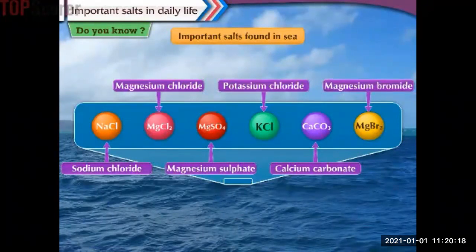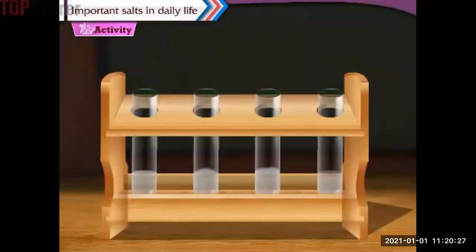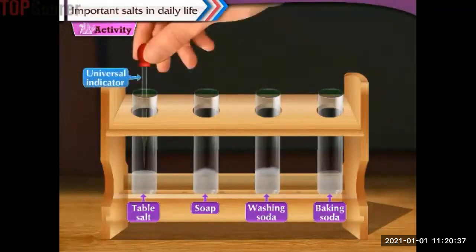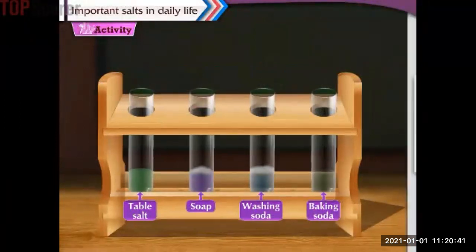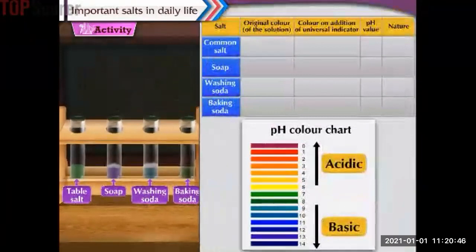Come, now let us perform an activity to study more about salts. Activity. Let us first prepare saturated solutions of some salts such as table salt, soap, washing soda, and baking soda. Let us put 2 to 3 drops of the universal indicator in them. Compare the colors with the pH color chart and note down the observations in the table.